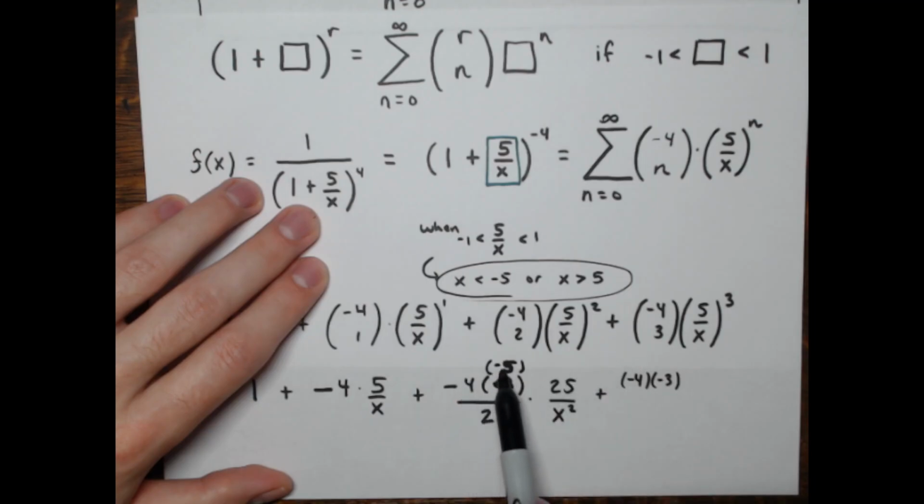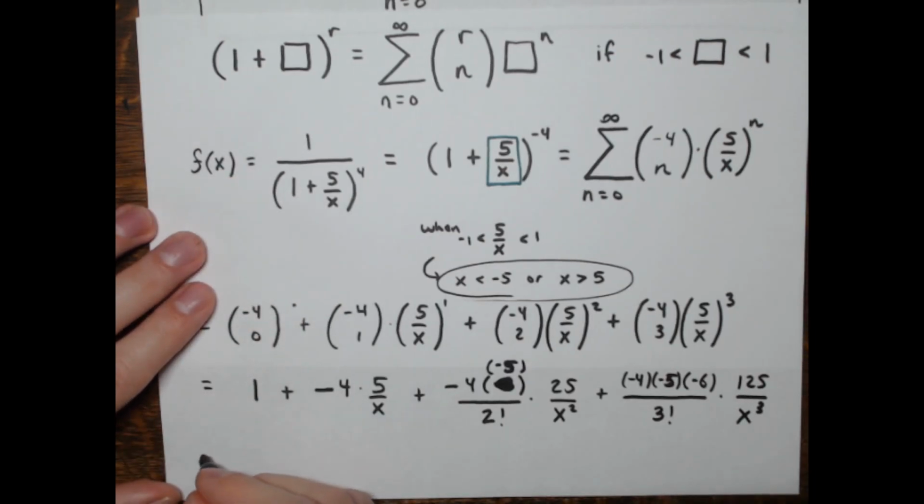Here it should be negative 4 times negative 5 times negative 6. Keep decreasing by 1 until you have 3 factors, and then divided by 3 factorial, times 5 cubed, which is 125 over x cubed.